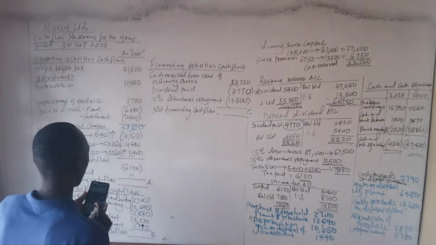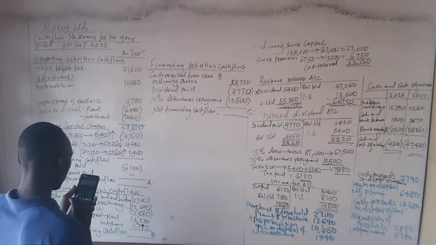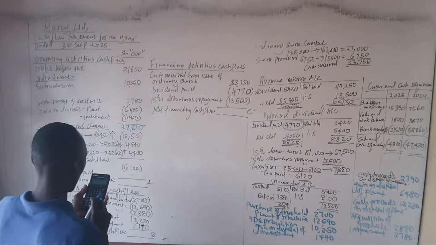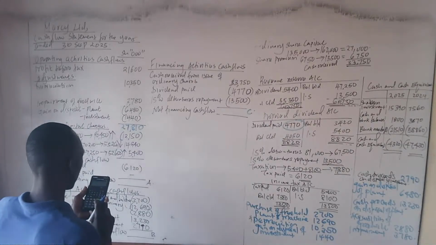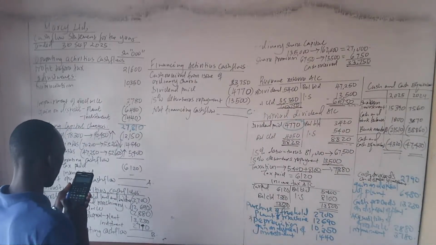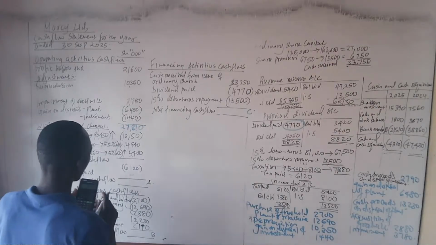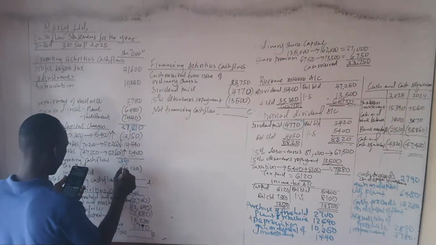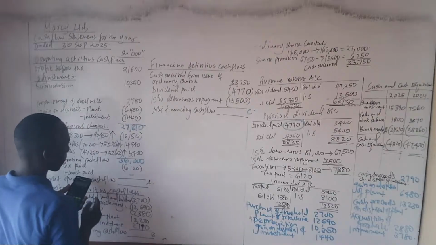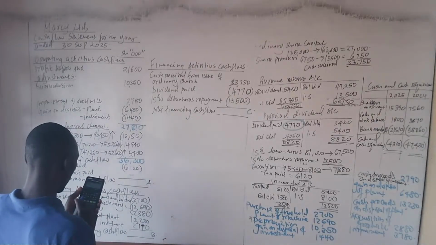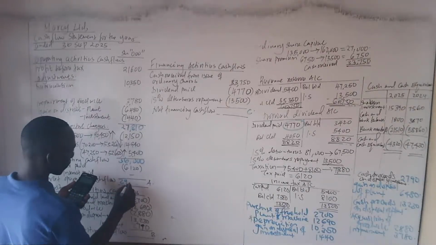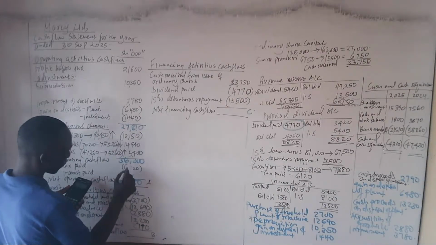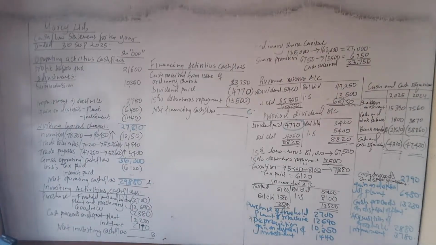Then we less 12,150. Then we add 14,940. Then we add 5,400. Then we get 36,000. Then we less 6120. We have 29,880. We call it A.